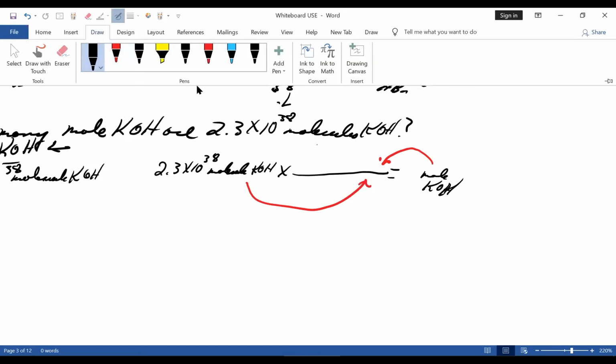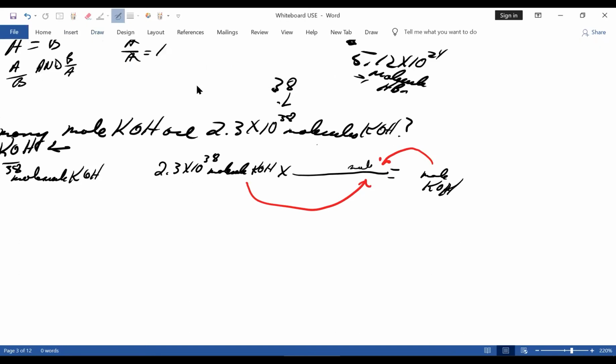And where do I get these numbers? 1 mole of a compound equals Avogadro's number, 6.02 times 10 to the 23rd molecules. Remember, anything equals something else, you have two possible ratios.